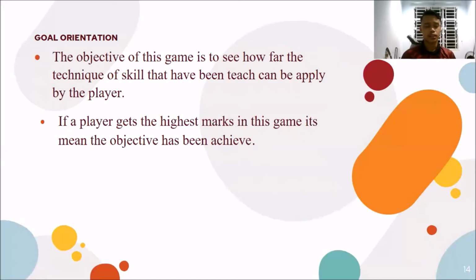The participant that gets the higher mark is considered as a participant that improved very well, and they can improve the technique of the badminton skills, and the objective will be achieved. That's all from me.